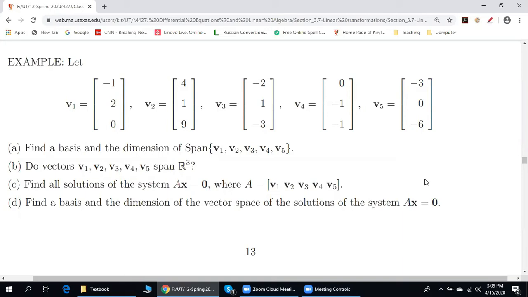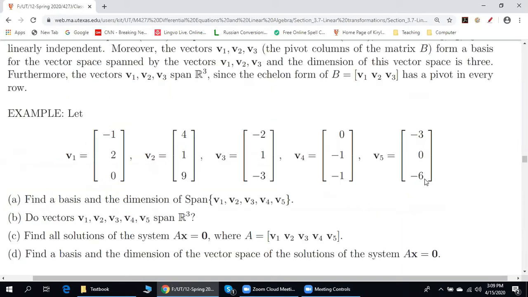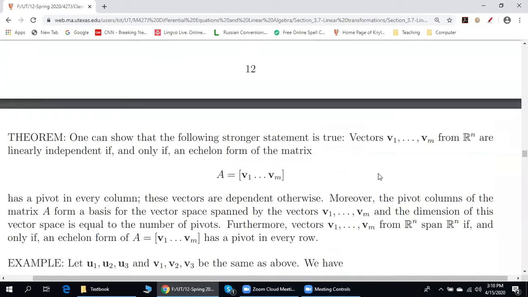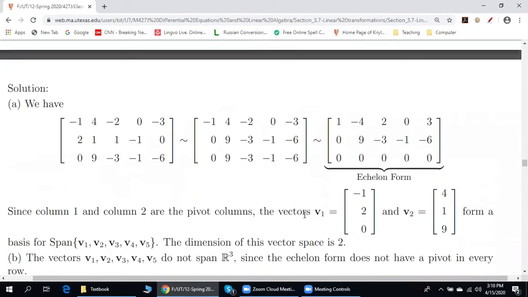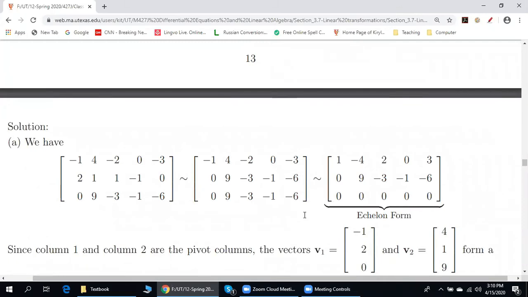So since there are fewer pivots than columns, does that mean these are dependent vectors? Yes, absolutely. So this theorem says that if the number of pivots is less than the number of vectors, the vectors are dependent. So vectors 3, 4, and 5 in our last example, are those like the extraneous vectors, I guess?